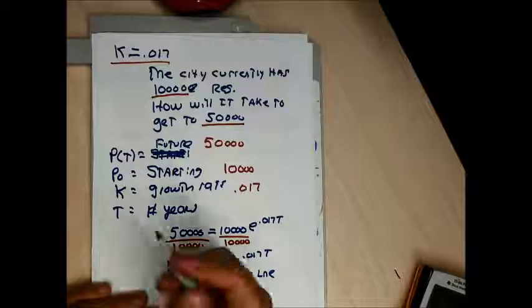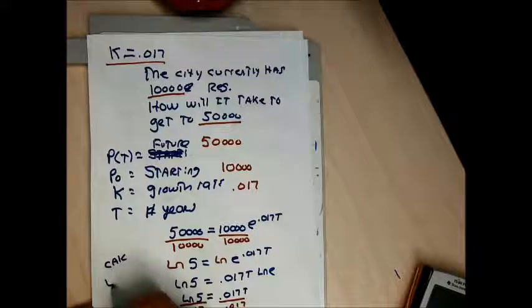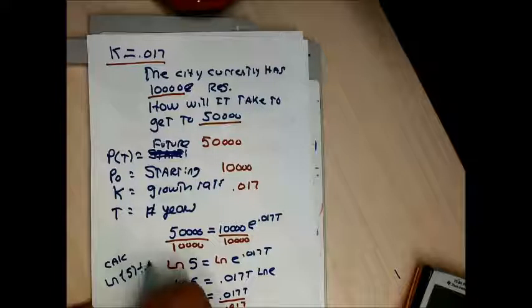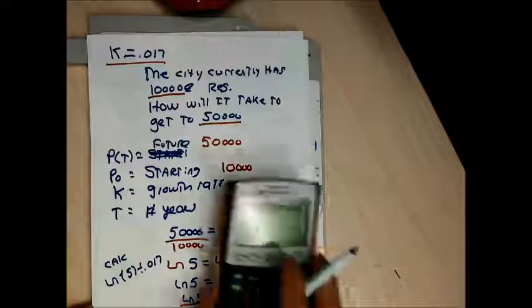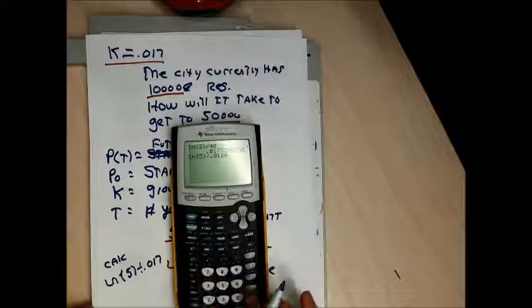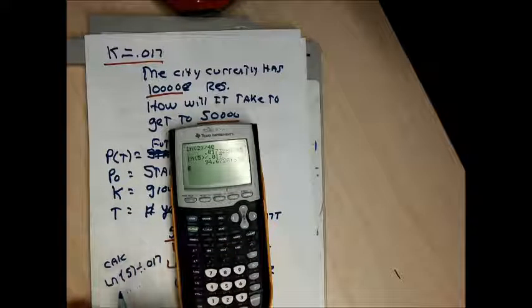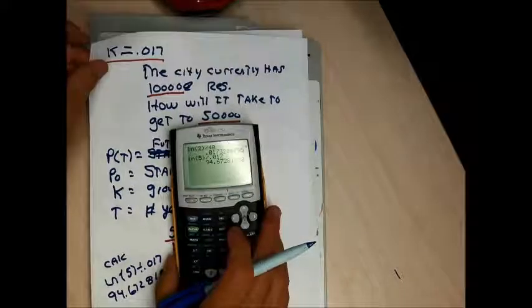And on my calculator, I'm going to do, for the left-hand side, the natural log of 5 divided by 0.017. And I get 94.672818 years.